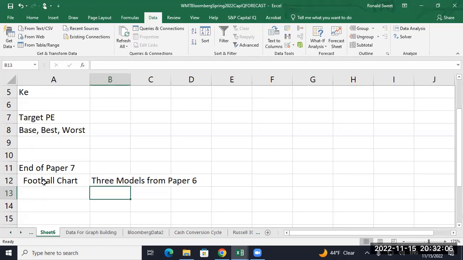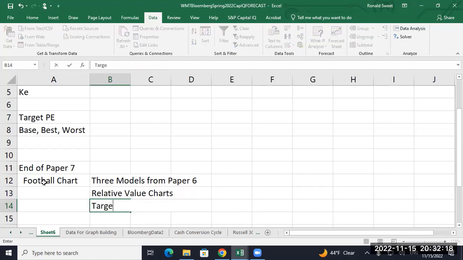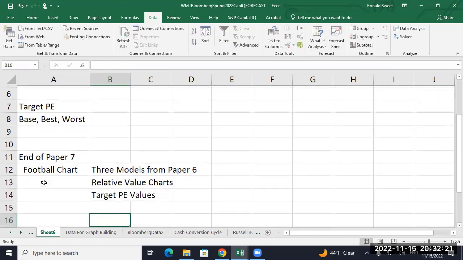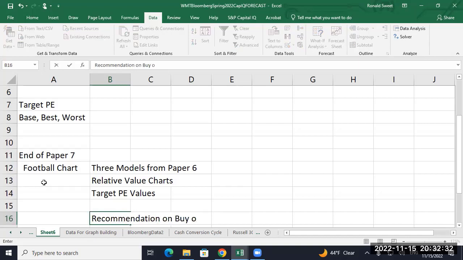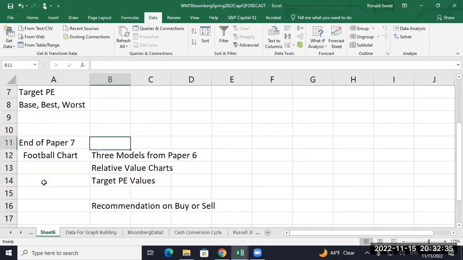You have your relative value charts and your target PE values. So you just bring all those together in one big chart at the very, very end. And then you have a recommendation, buy or sell. That brings up the end of paper 7. So essentially you can use the end of paper 7 to bring together everything you've done in paper 6 and 7 all into one final summary using a football chart.